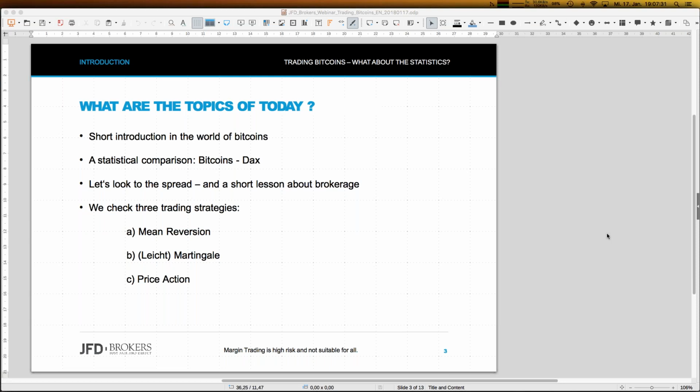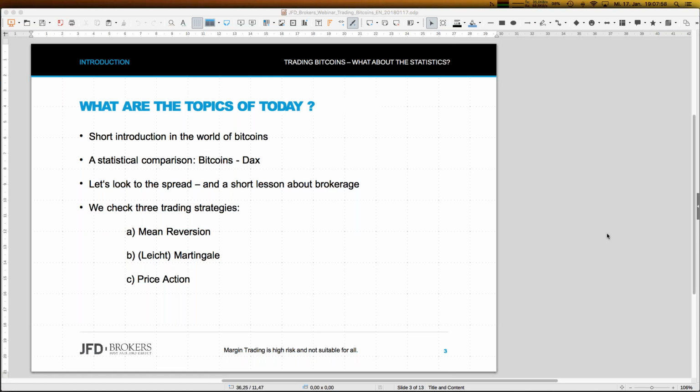And finally, if we know a little bit more about the statistics of Bitcoins, then we can check, hey, we have three well-known strategies: mean reversion, slightly martingale. Oh, there's still a German word on my slide here. Leicht means slightly. And then price action, finally. All strategies, I think B and C, have been introduced only a couple of weeks ago.